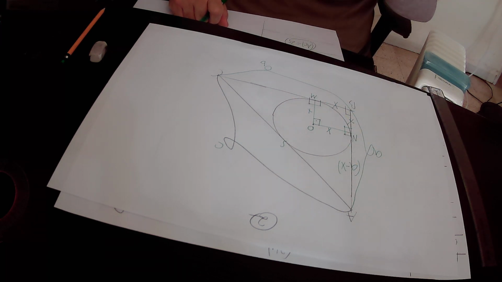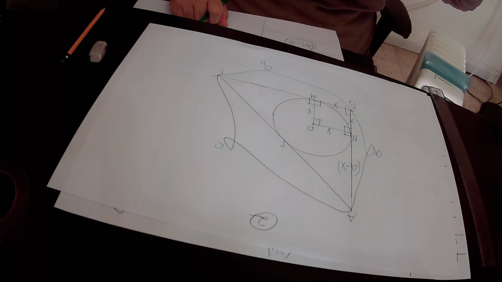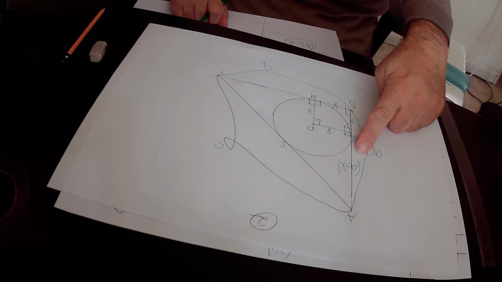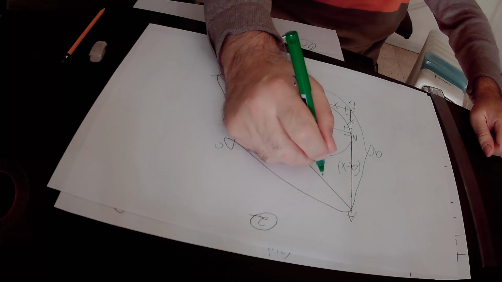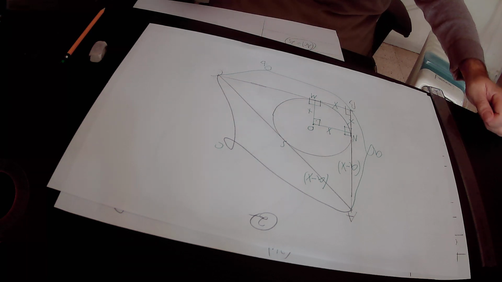According to rule number 2, AN must be equal to AS. But AN is A minus x, therefore AS must also be equal to A minus x.